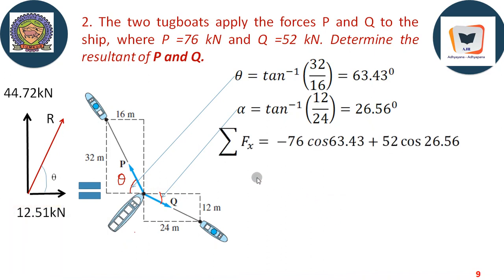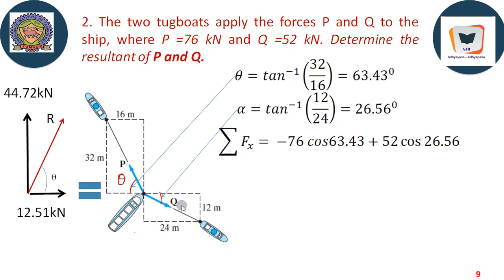Now sigma Fx. The horizontal component of this 76 kilonewton force goes like this, as I see by looking at the arrow tip, so it is negative: minus 76 cos 63.43, because theta is referred with respect to horizontal.